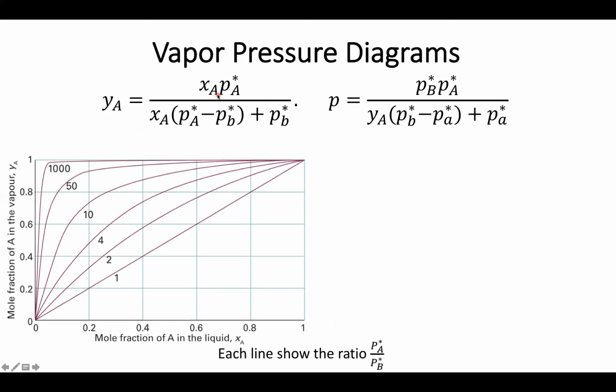So if I have a system where my ratio of the vapor pressures of the pure systems of A and B are equal, which is another way of saying that A and B are equally as volatile, they're equally as likely to evaporate, well, in this case, as I increase the mole fraction of A in the liquid, what I find is the mole fraction of A in the vapor essentially has this linear relationship, which again, we would expect in an ideal system, because since the IMFs are rather similar, we'd hope that they'd have similar vapor pressures.